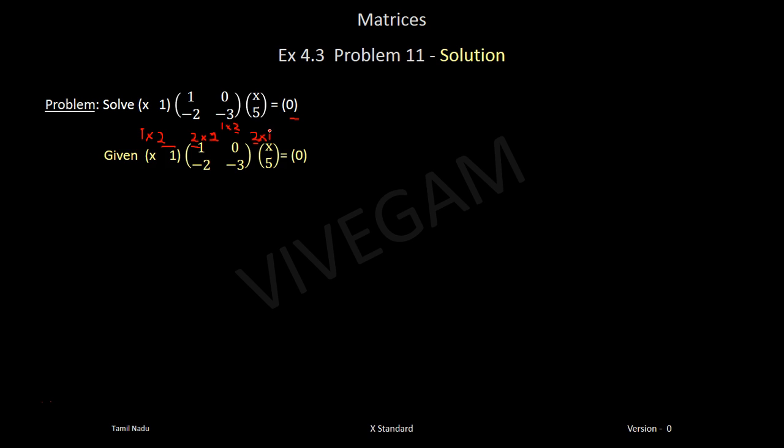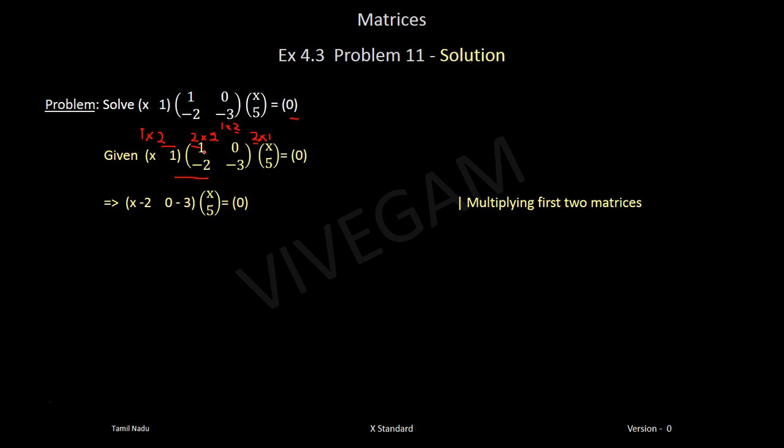Now let's do the left hand side multiplication. First we need to multiply these two, and whatever matrix we are getting has to be multiplied with this. So what matrix will you get? 1 by 2 into 2 by 1, so a 1 by 2 matrix.